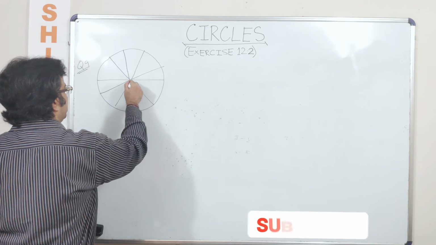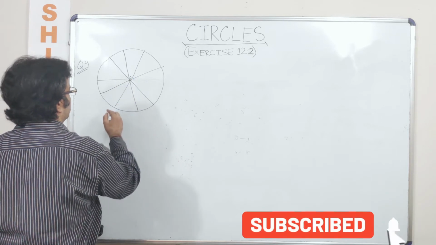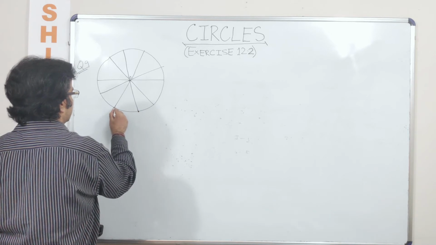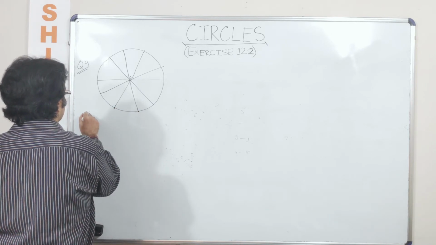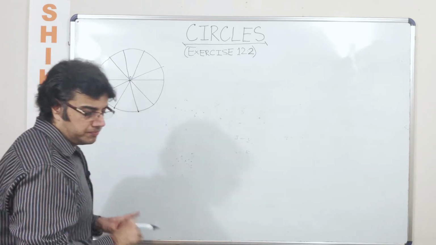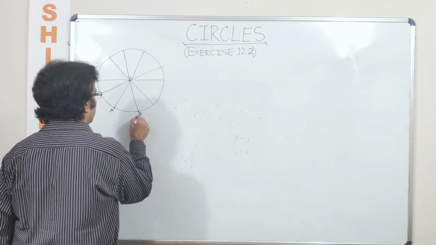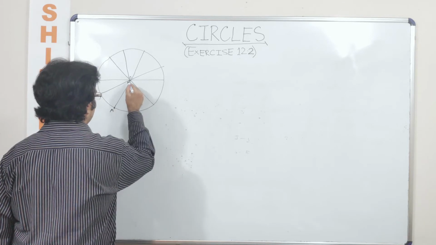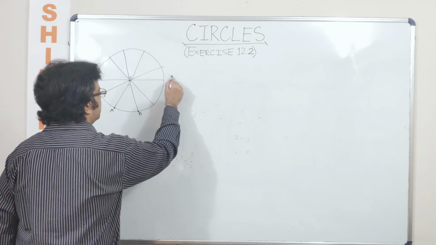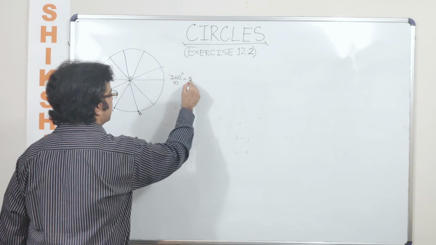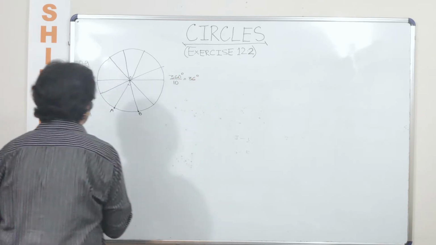Now if this is O and I have to find out the area of any one of the sectors, I am doing subpart 2 first because I feel that that is easier here. And we know that if this is the sector OAB, I'm talking about the sector OAB, now 360 degrees has been divided into 10 parts, which means that every sector would be of 36 degrees.